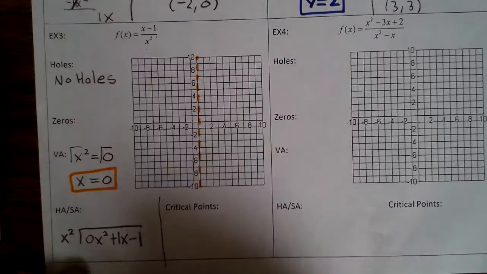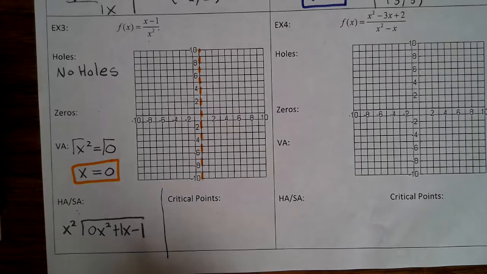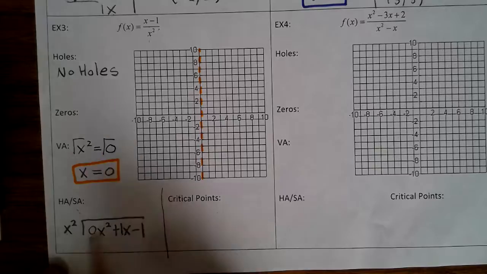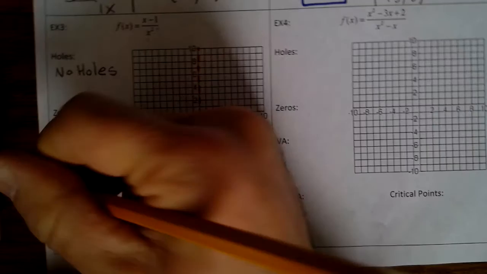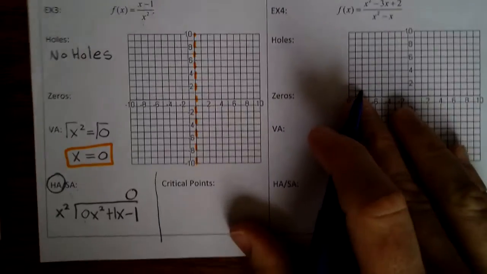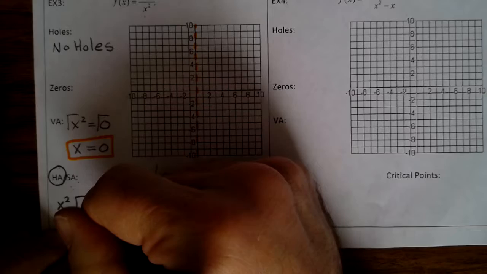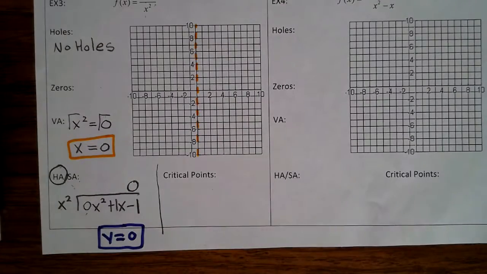There's no x, so it's a horizontal asymptote at y equals 0, which is again a dashed line. Okay, at 0.